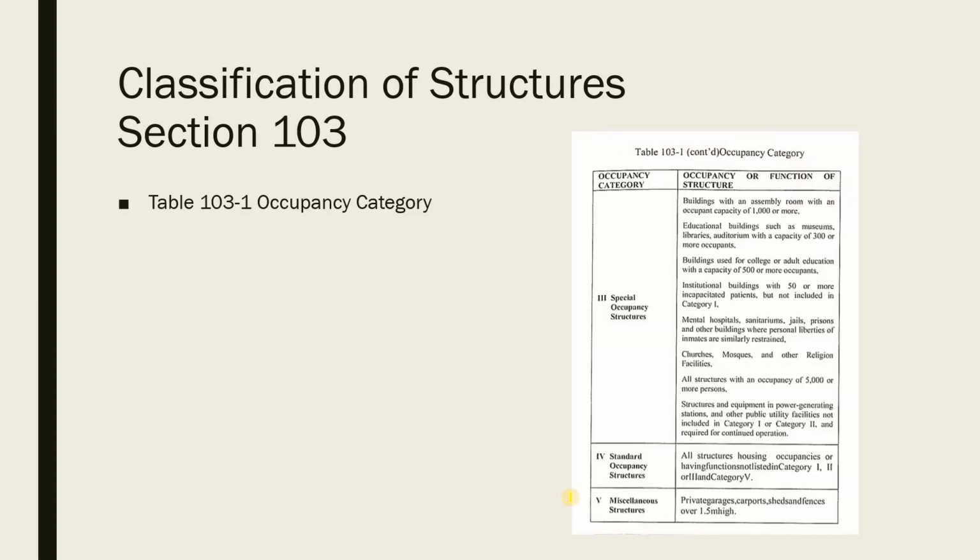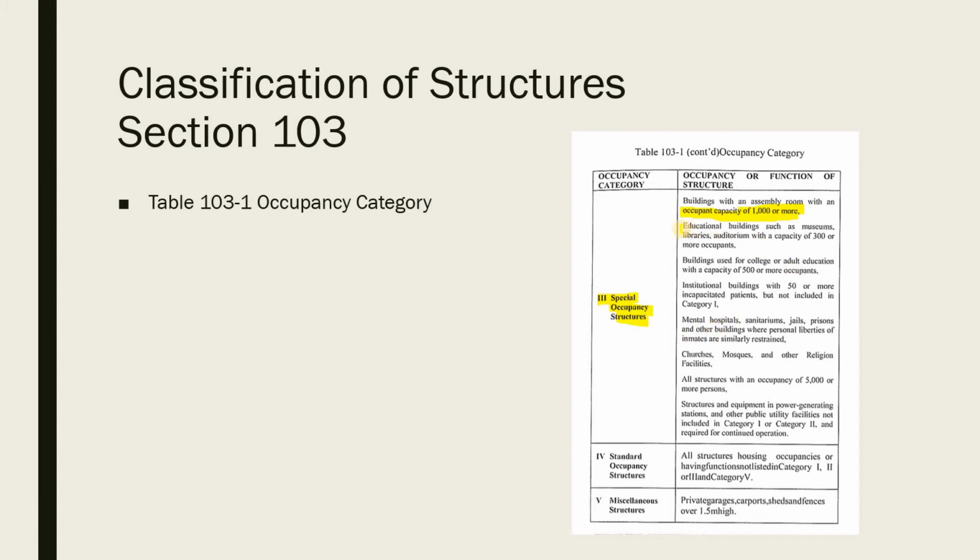So, next, we have the special occupancy structures. So, ano yung mga nandyan? Buildings with an assembly room with an occupant capacity of 1,000 or more. So, pag nagpo-fall dyan yung i-design natin, papunta na siya sa special occupancy structures.